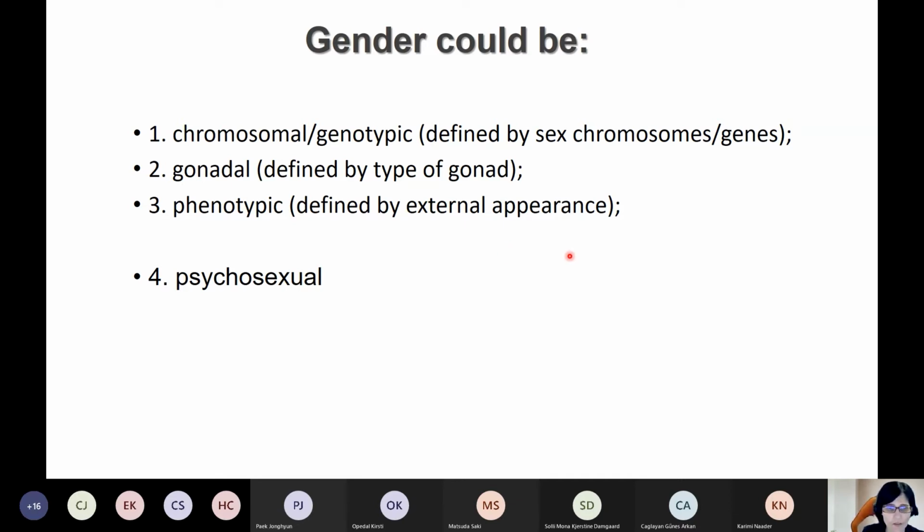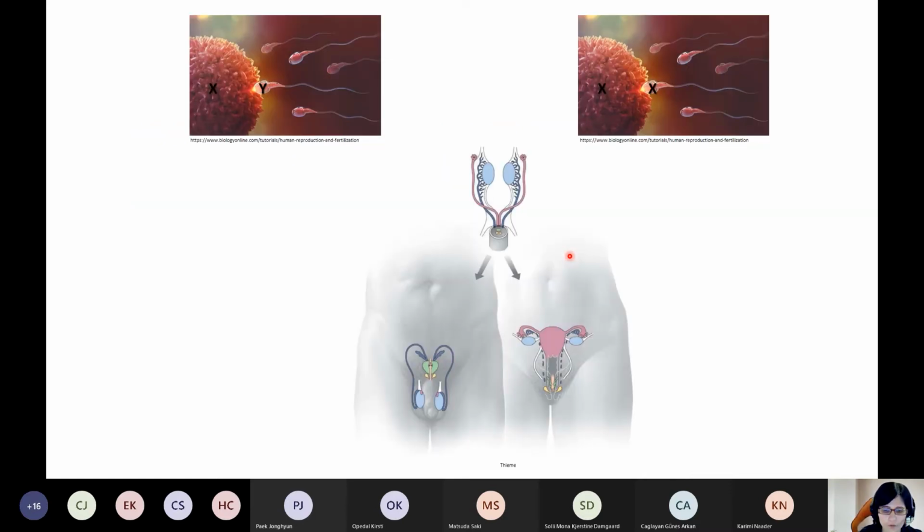If we see the first point, of course, the first point is always the fertilization. In case of the fertilization, the chromosomal gender is defined. We have an egg cell here that contains always an X chromosome.